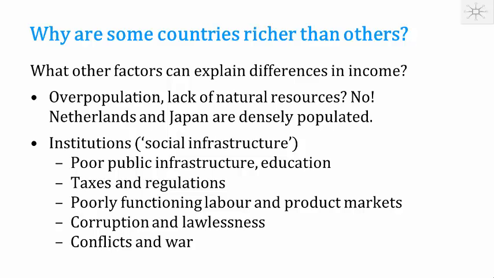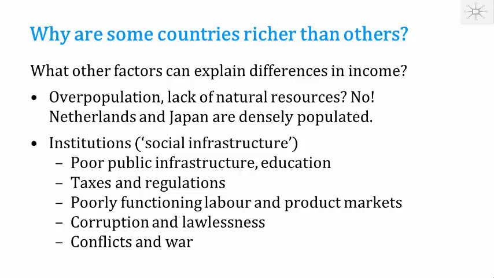Well, that's a pretty bad theory, because if you look at the high-income countries, some of them are very highly populated and have very little natural resources. Think of, for example, the Netherlands or Japan. Both those countries are densely populated and they don't have much natural resources. Still, they belong to the high-income countries.